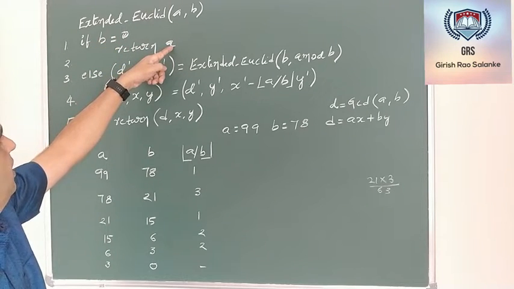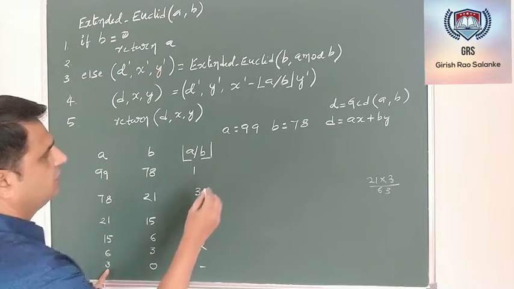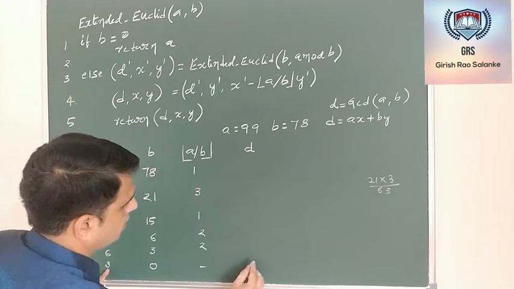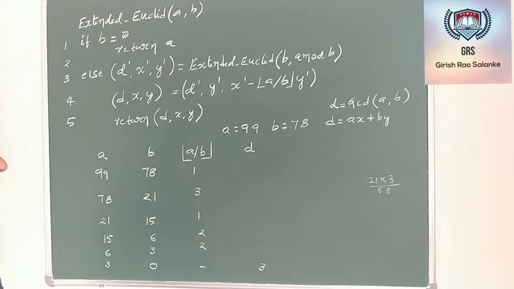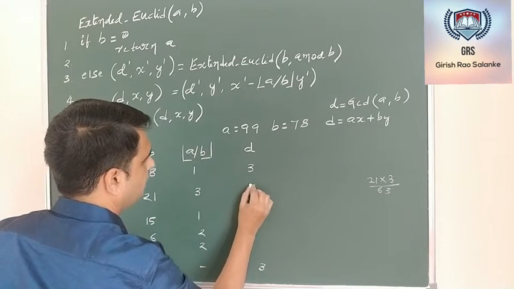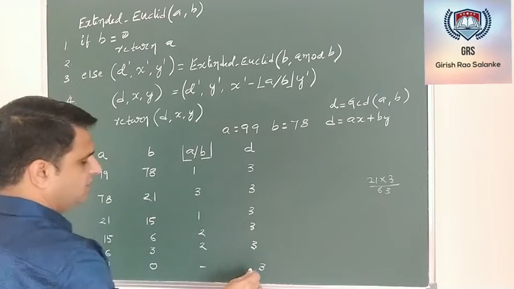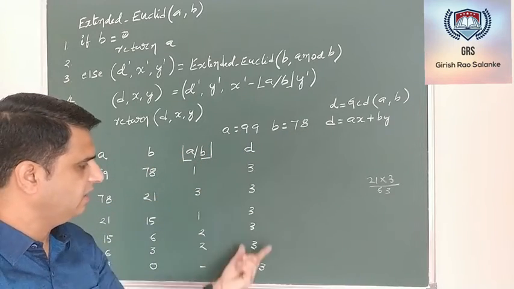So it is going to return 3. This 3 is nothing but my d. In all these cases my d value will be 3 only. That is, the GCD of 99 and 78 is 3.